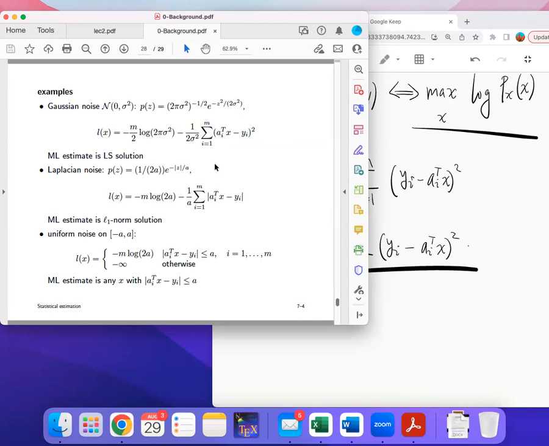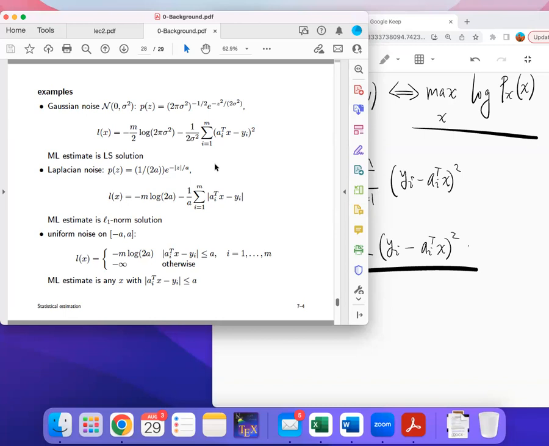So it depends on how you model the noise in your applications. There are some tests that you can use to decide if some noise follows Gaussian or Laplacian. But these are two very different PDFs. They have very different statistical behavior.